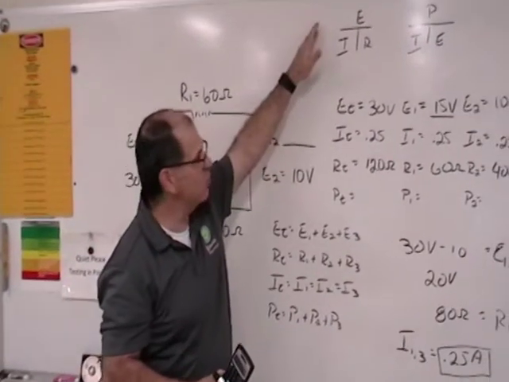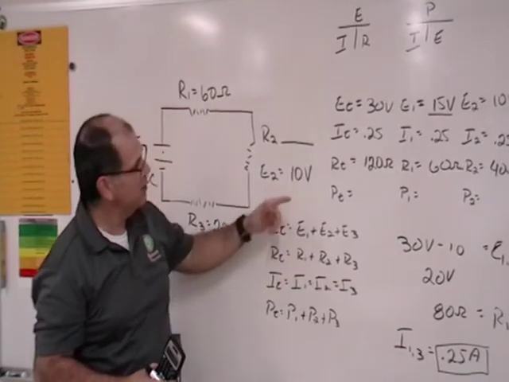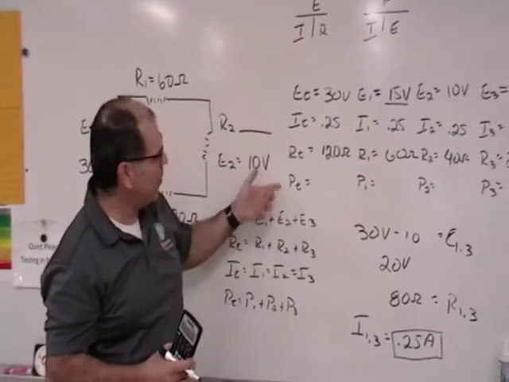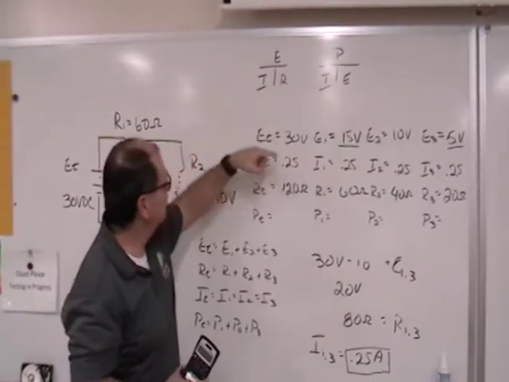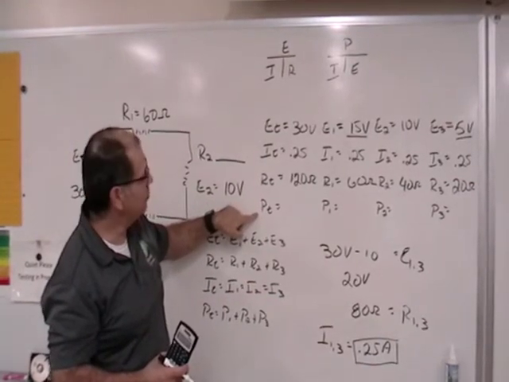If you know your Ohm's law, and you know the rules that govern the circuitry, you can start finding all the unknown values. Let's do power now. Okay, power, I times E. Okay, so it's just the voltage times the current to find total power.